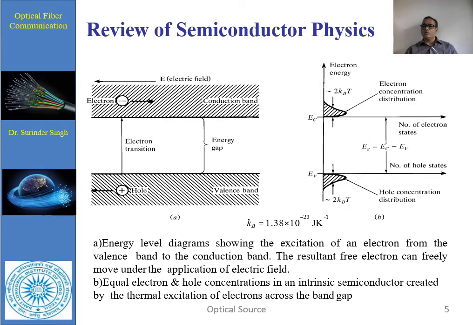The energy diagram shows the excitation of an electron from the valence band and the resultant free electron and free hole under the movement of the external field E. Another diagram represents equal electron and hole concentration in the intrinsic semiconductor.